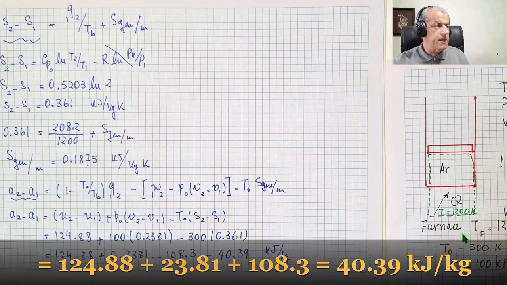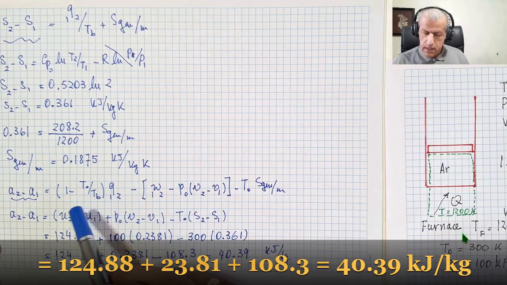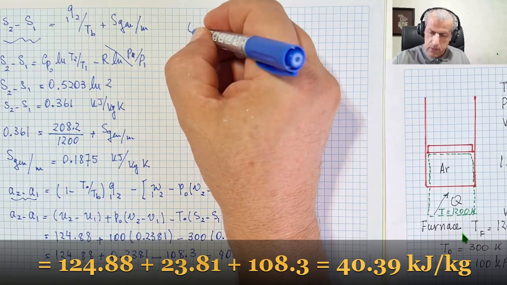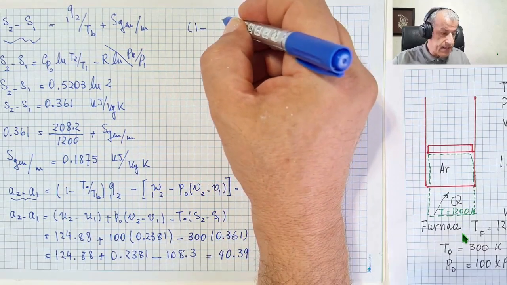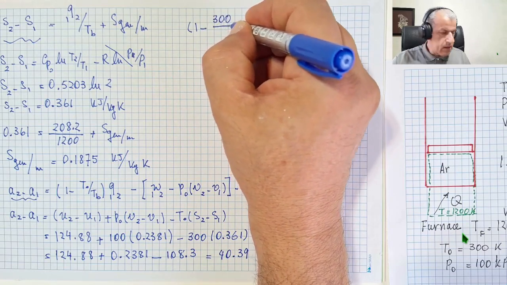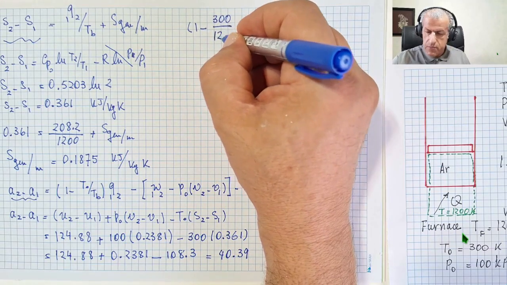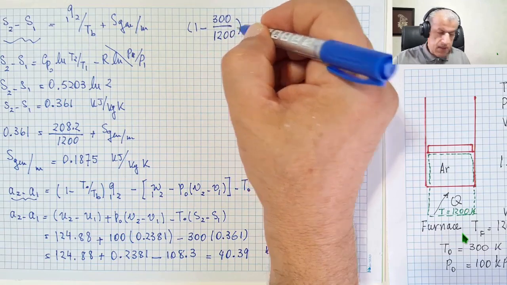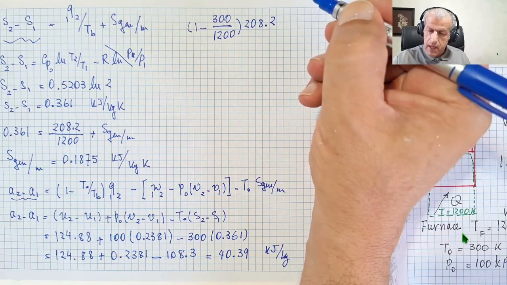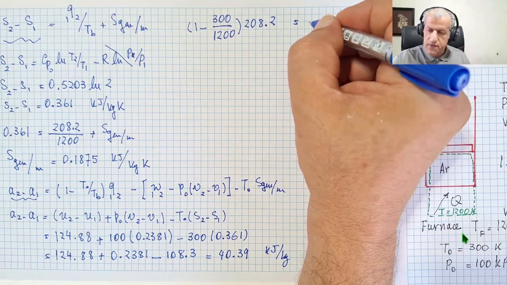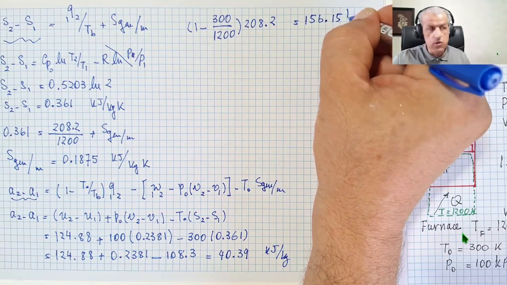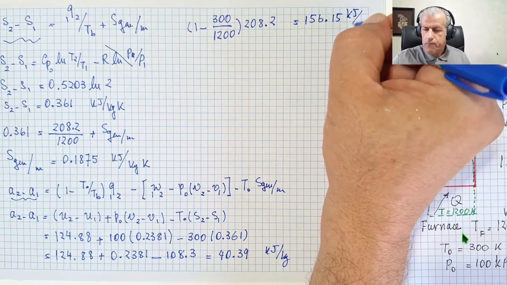Well, another term which you should calculate in the availability equation is this one. It is 1 minus T0, which is 300, divided by 1200, TB, times heat transferred, which is 208.2. And this term equals 156.15 kilojoule per kilogram. What does it mean?